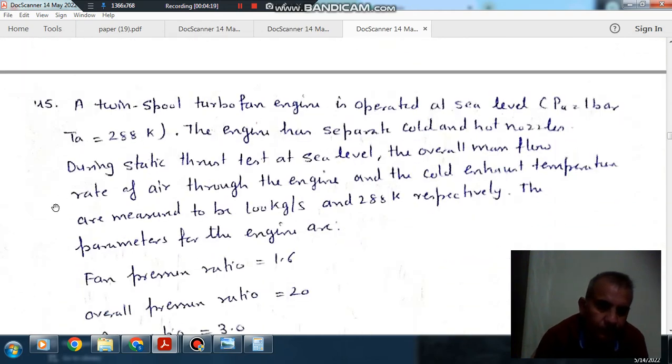Next, question number 45. A twin spool turbofan engine is operated at sea level. Pa is 1 bar and Ta is 288 Kelvin. The engine has separate cold and hot nozzles. During static thrust test at sea level, the overall mass flow rate of air through the engine and the cold exhaust temperature are measured to be 100 kg per second and 288 Kelvin respectively.